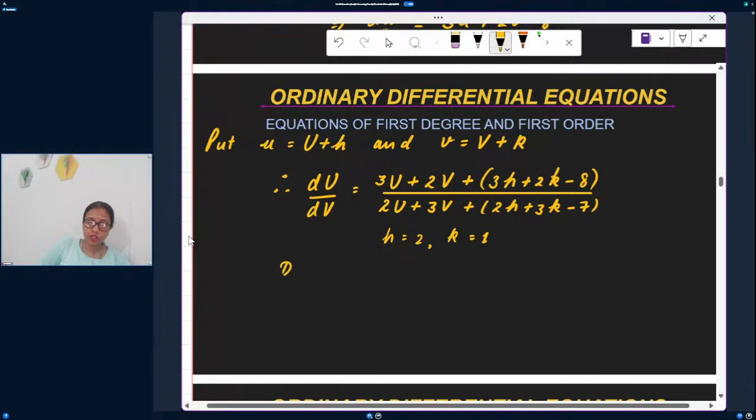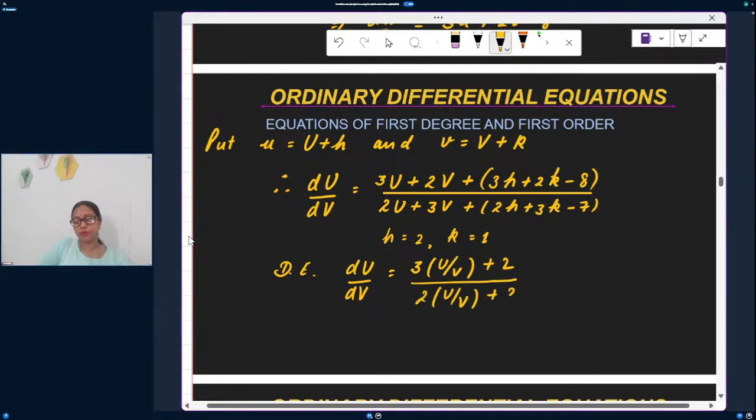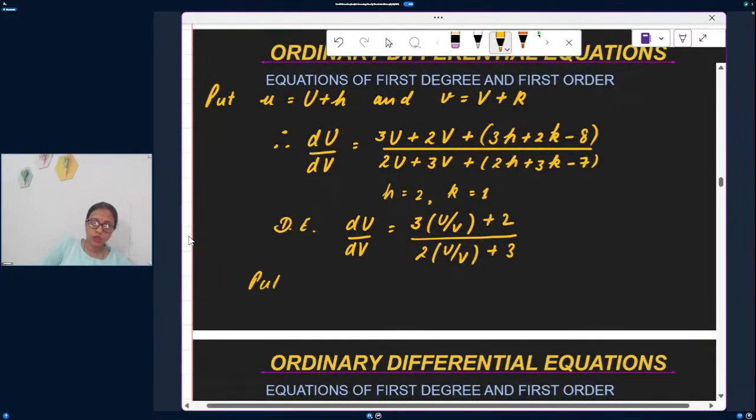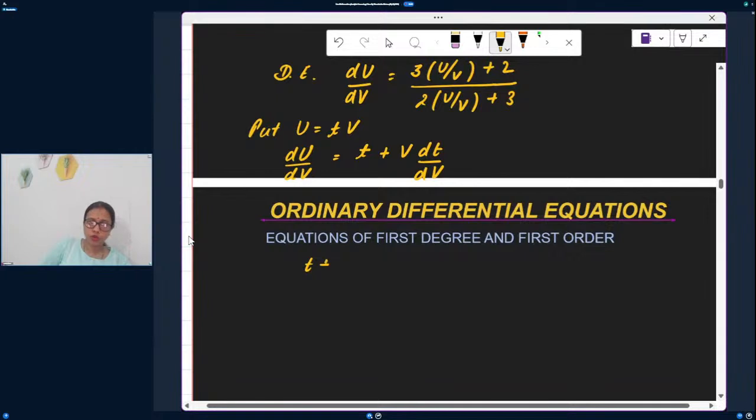So for h and k, the differential equation becomes du by dv is equals to, you take u common here, so 3 plus v common. So 3 u by v plus 2 divided by 2 u by v plus 3. Now put u by v is equals to, let's say, t, or u is equals to tv. So du by dv is equals to t plus v dt by dv. Substitute t plus v dt by dv, and this becomes 3t plus 2 divided by 2t plus 3. Obviously the roles of the variables are changed here, so don't get confused in that.